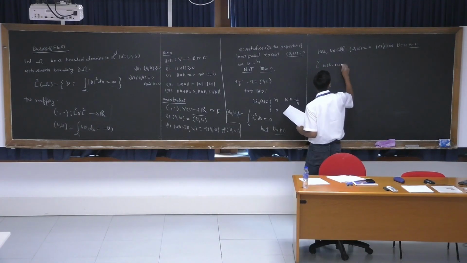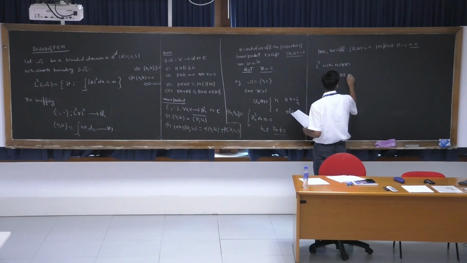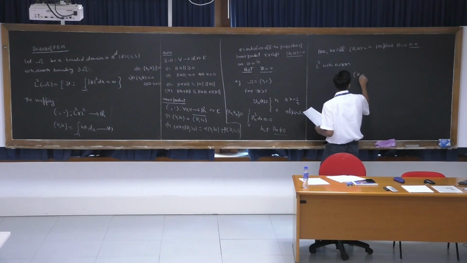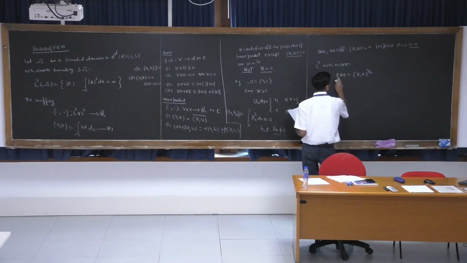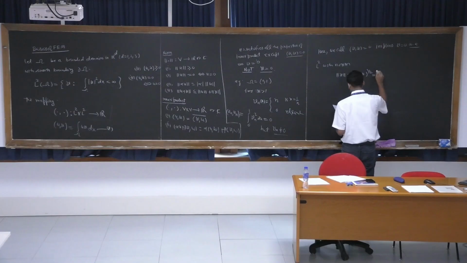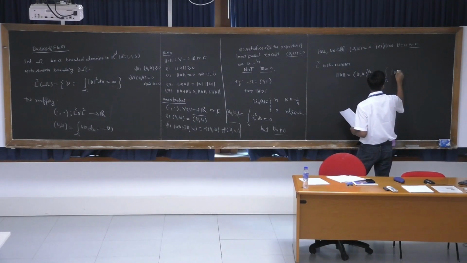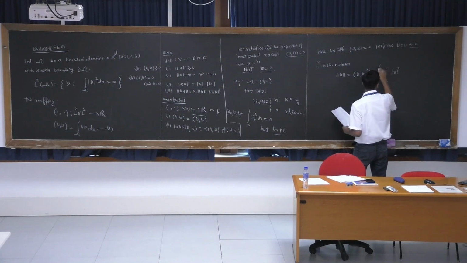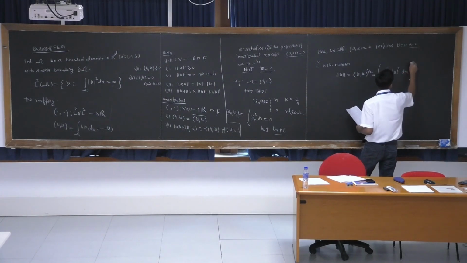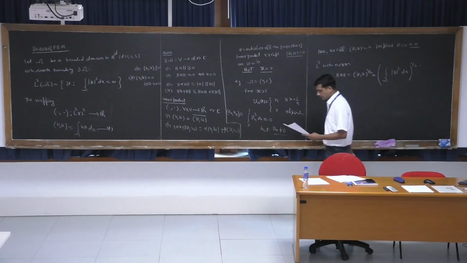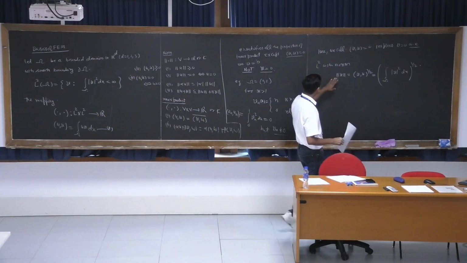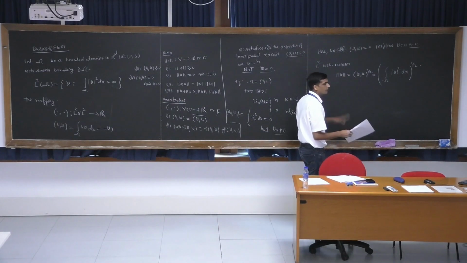If I define the norm of V, that is equal to the inner product of V with V to the power 1 by 2, or you can say the norm square equals the inner product, which is the integration of the norm of this, whole power, dx, whole power 1 by 2. So this is the norm. With this norm, L2 becomes a Hilbert space.